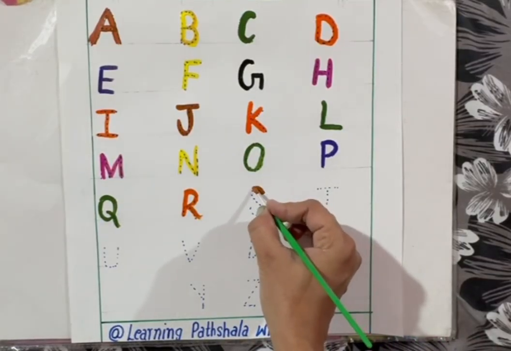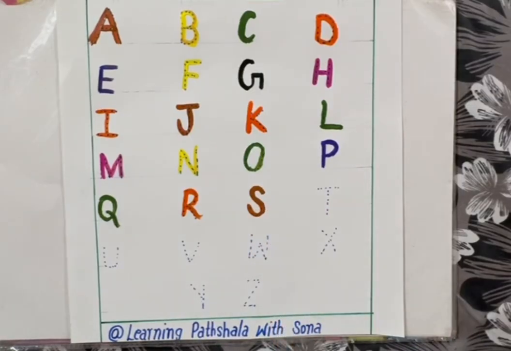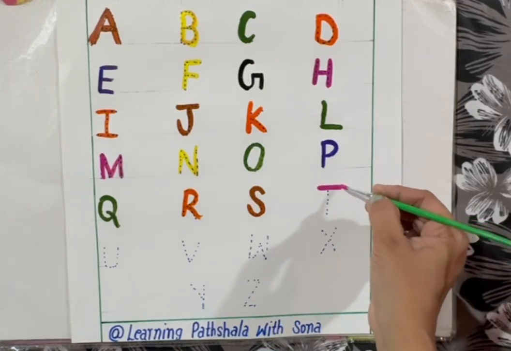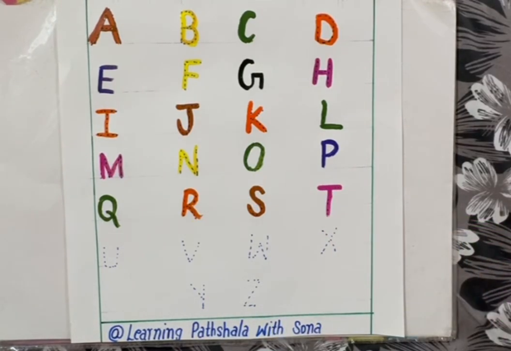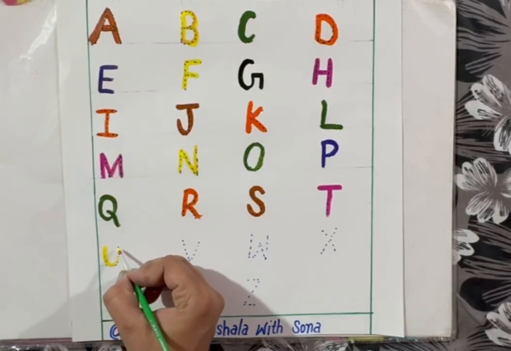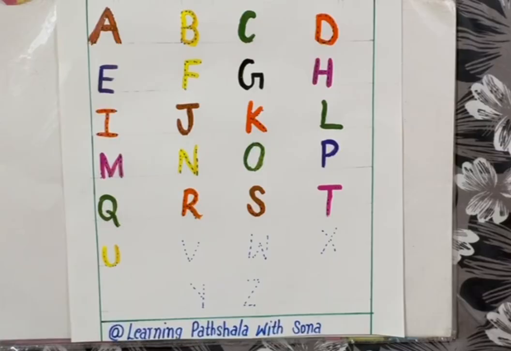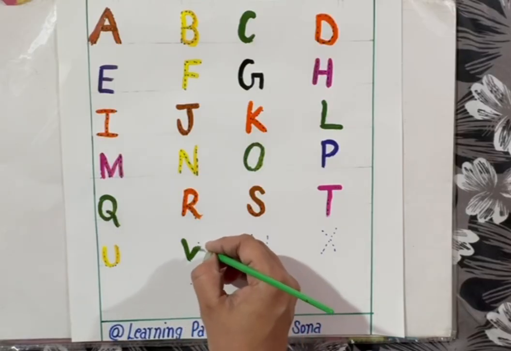S for sun. T for tree. U for uniform. V for van.